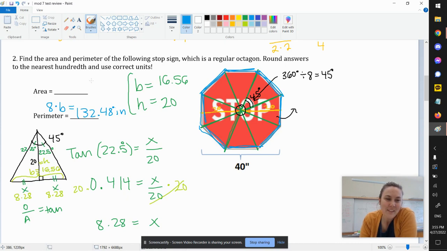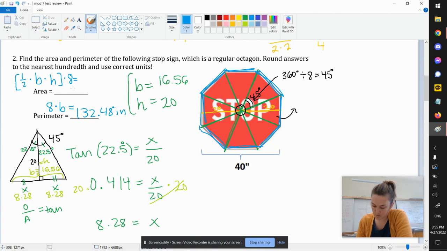Okay, and in the area, we find the area of each of these triangles, which is 1/2 times the base times the height. And then there's 8 triangles, so we multiply it times 8. So in our calculator, we'll do 1/2 times 16.56 times 20 times 8.